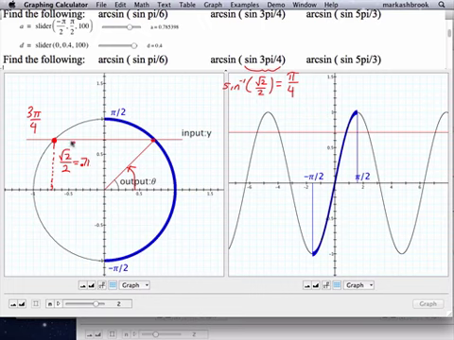I could have given you any angle through here, like 2.226 radians, or 162 degrees, or something like that. So then you need to find the sine with your calculator, and then also arcsine with your calculator. But then know that arcsine is going to be in the first quadrant.